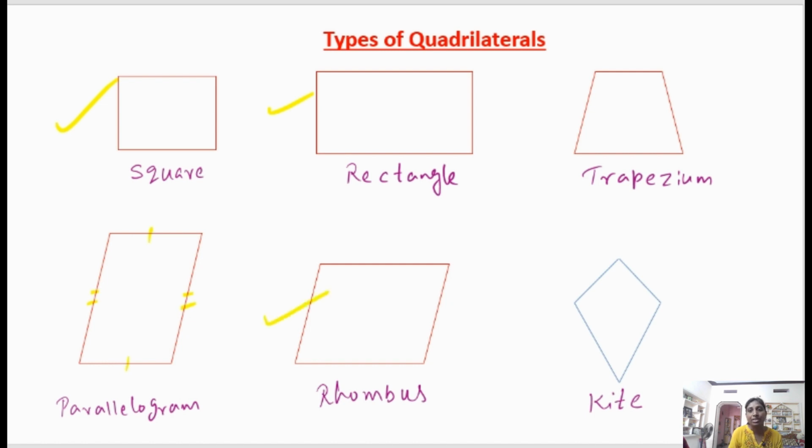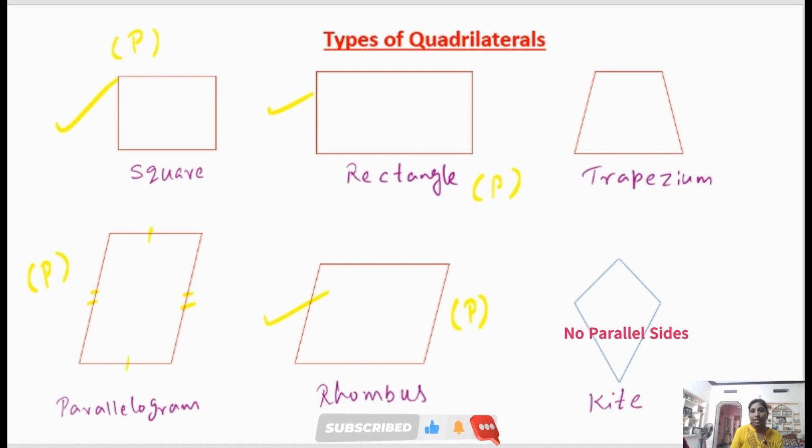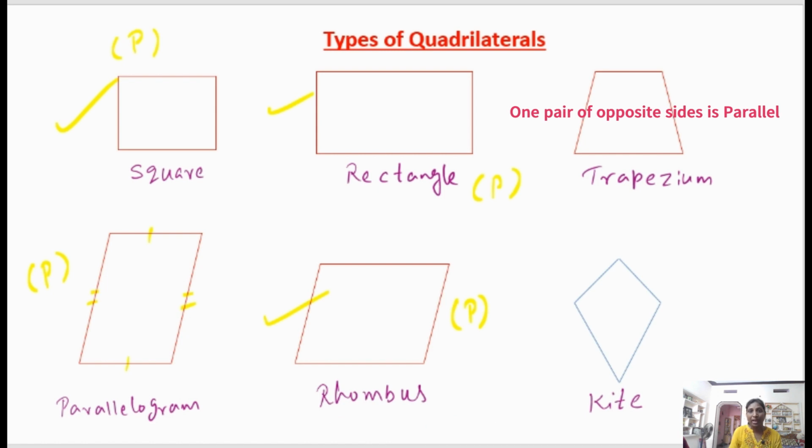But trapezium is not a parallelogram, and kite is not a parallelogram. Kite is not a parallelogram because no pair of opposite sides is parallel and equal, and in a trapezium only one pair of opposite sides is parallel.